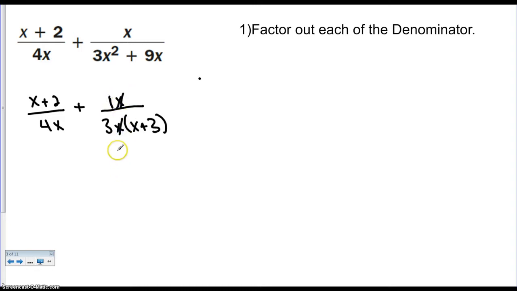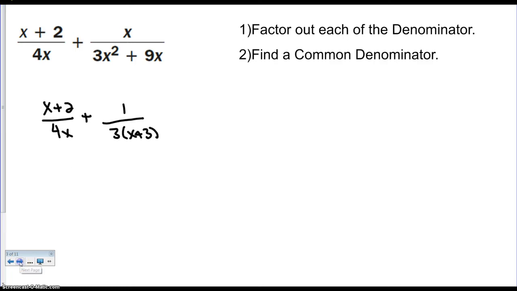Okay? So right now, I have 1 over 3 times (x plus 3). And then I have (x plus 2) over 4x. So this is what I have: (x plus 2) over 4x plus 1 over 3 times (x plus 3).